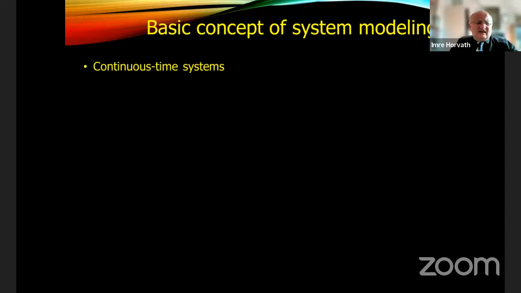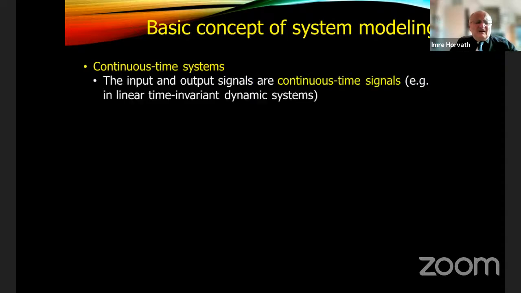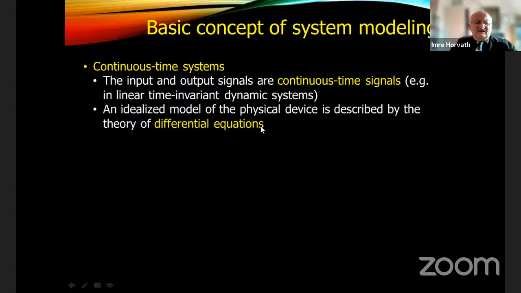According to their relationship to time, systems can be continuous-time systems, when the input and output signals are continuous-time signals, for instance, in linear time-invariant dynamic systems. Then you can produce an idealized model of the physical device by describing it with the theory of differential equations.